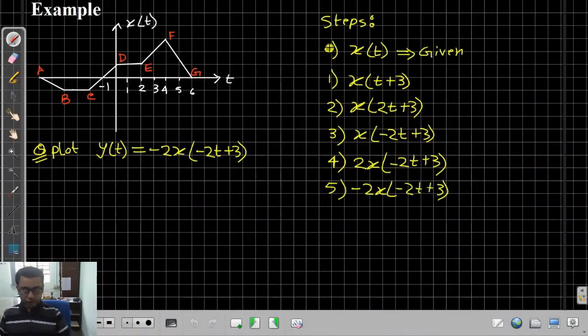So we have followed these steps. Okay, we started from the original graph, then we applied this, which is called time shifting, where t is replaced by t plus 3.